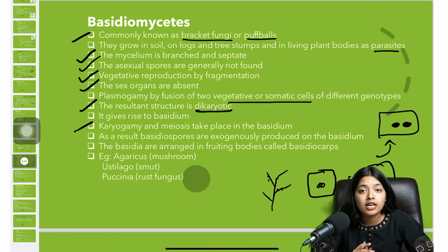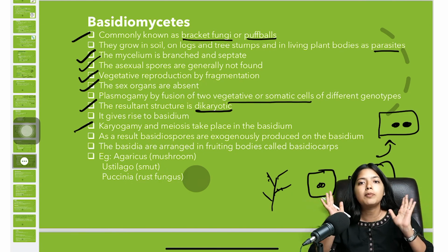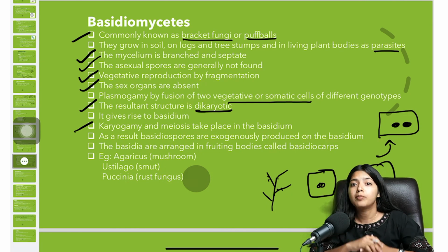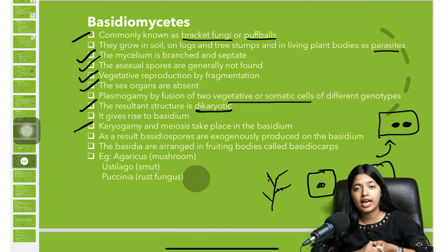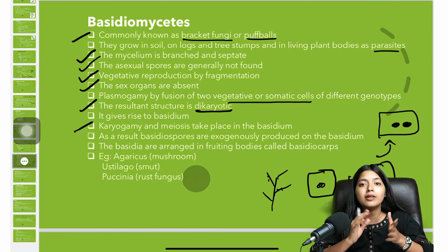Because first plasmogamy has occurred, so the protoplasm of the vegetative cells has already fused. Now they are in the dikaryotic phase, and they form the basidium. After forming the basidium, karyogamy occurs, that means the fusion of nuclei, and then meiosis occurs. Then basidiospores are formed exogenously, outside the basidium.